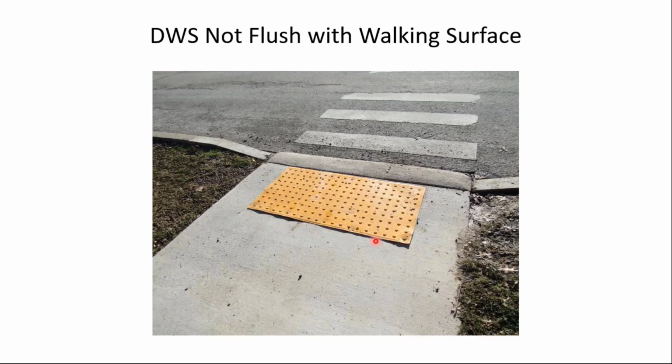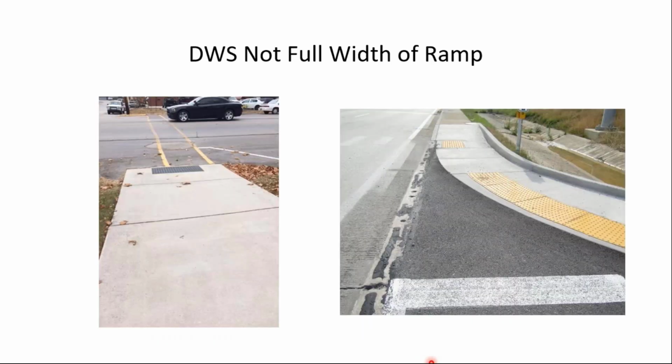detectable warning surface. And then also notice, which is a lead into our next slide, the detectable warning surface does not extend the full width of the ramp. And that's another common mistake I see. Notice here on the left, it's possible a low vision pedestrian could walk there without even stepping on the detectable warning surface, the truncated domes, and not realize they're entering the street.